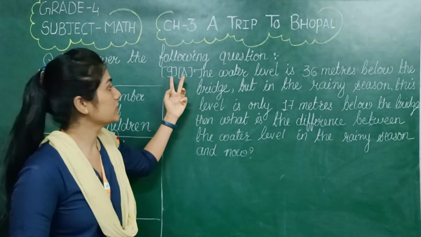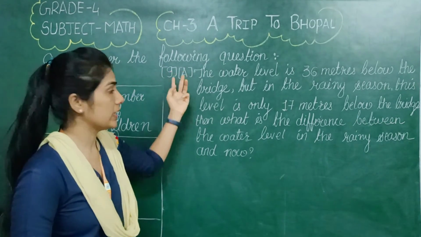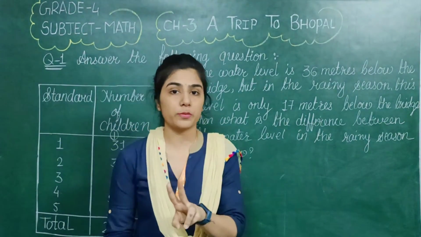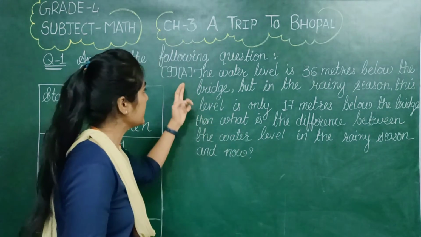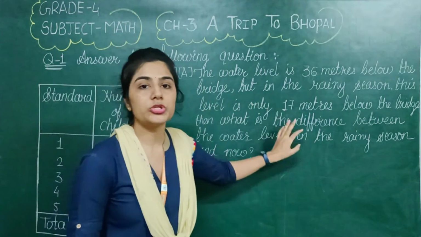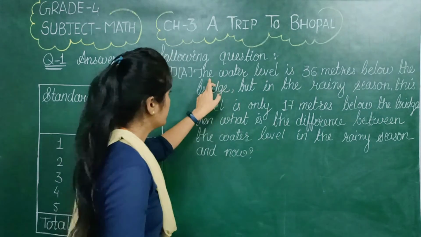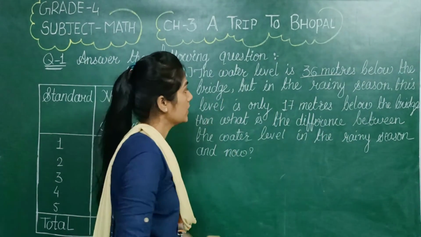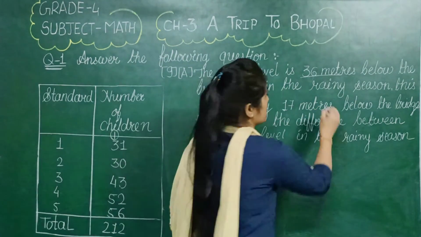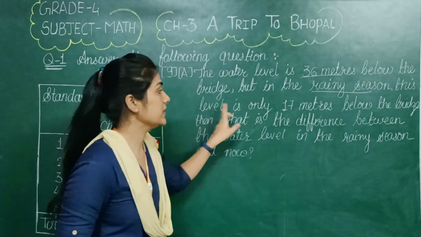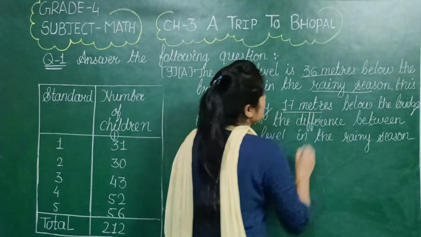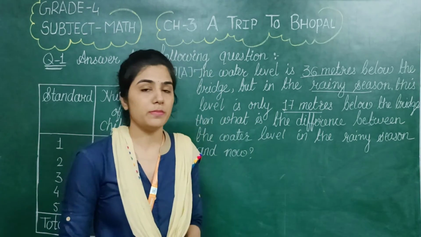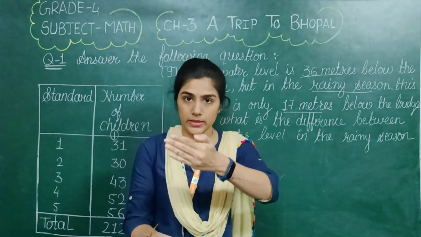Now we are moving further to question number 9, 9A, because in question number 9 there are two sub-questions, A and B. So from that, question A is about the water level. The water level is 36 meters below the bridge, but in the rainy season, this level is only 17 meters below the bridge. Means one bridge is there above the river, right?